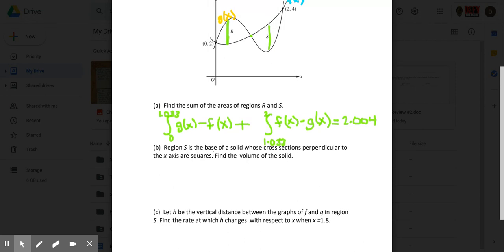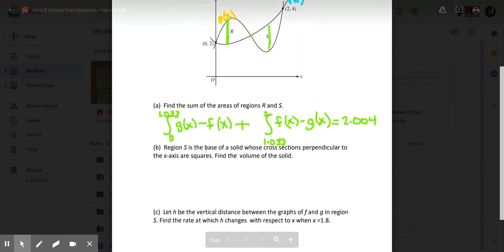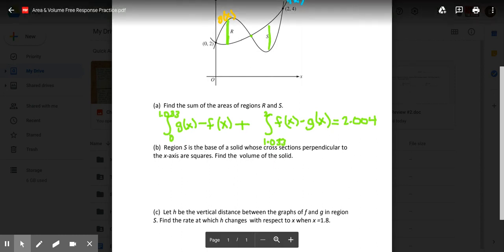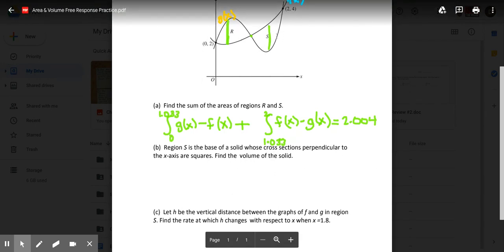Part B, region S is the base of the solid whose cross sections perpendicular to the x-axis are squares. All right, find the volume of the solid. So it looks like we're just using region S, and that's the base, and the cross sections perpendicular to the x-axis are squares. So I'm going to try to draw it on here.